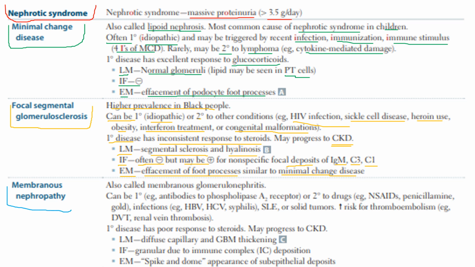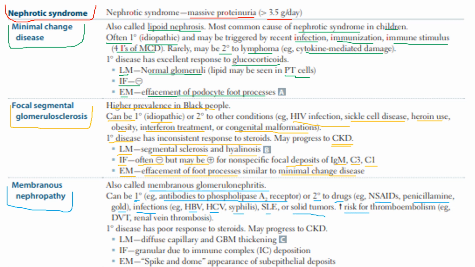Membranous nephropathy, also known as membranous glomerulonephritis, can be primary or secondary. Primary is due to antibodies to phospholipase A2 receptors, secondary to drugs such as NSAIDs, penicillamine, gold, infections such as HBV, HCV, syphilis, SLE, or solid tumors.